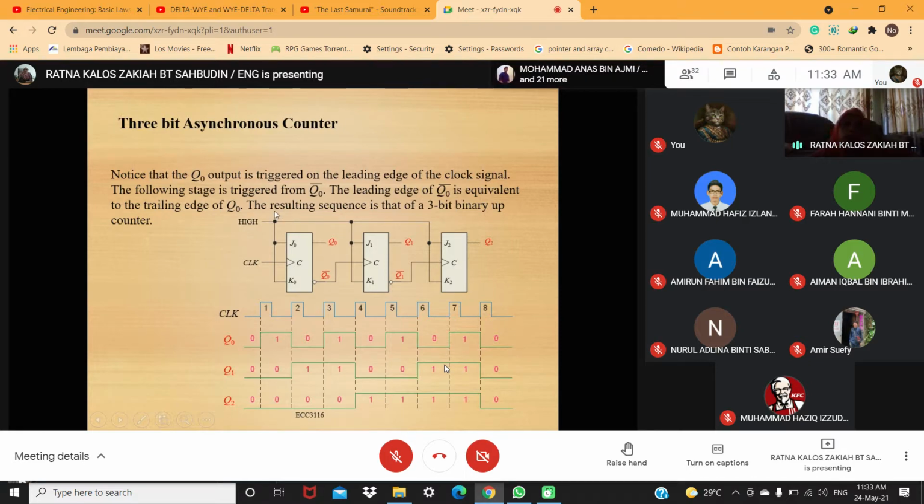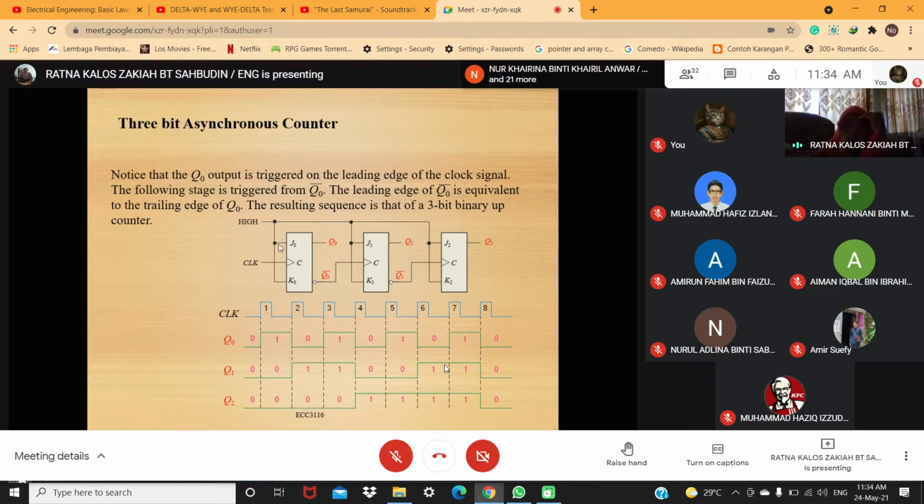Notice that the Q naught output is triggered on the leading edge of the clock signal. The following stage is triggered from Q naught bar. The leading edge of Q naught bar is equivalent to the trailing edge of Q naught. It's just opposite. So the resulting sequence is that of a 3-bit binary up counter.